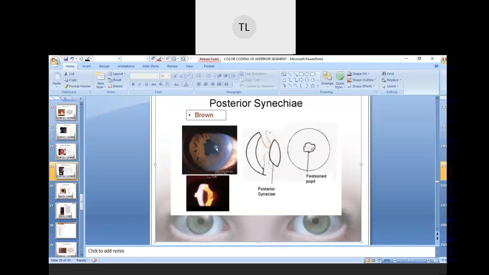It will be an irregular pupil, and that type of pupil we call the festoon pupil. So in the drawing you have to mention the posterior synechia under the slit diagram, and then under your frontal diagram you need to check the pupil as well, and mention if it is festoon or not.